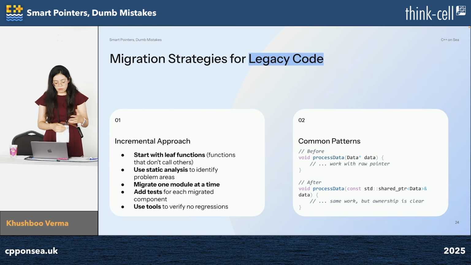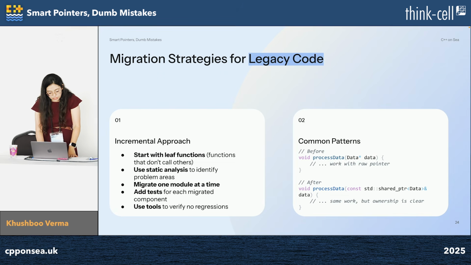And some common patterns. So for example, if before you had a function like void process data, where you had a data pointer and it used to work with a raw pointer, what you can do is replace this data pointer with a shared pointer, right? And you can just pass it. It would work the same way, but the ownership would be clearer.